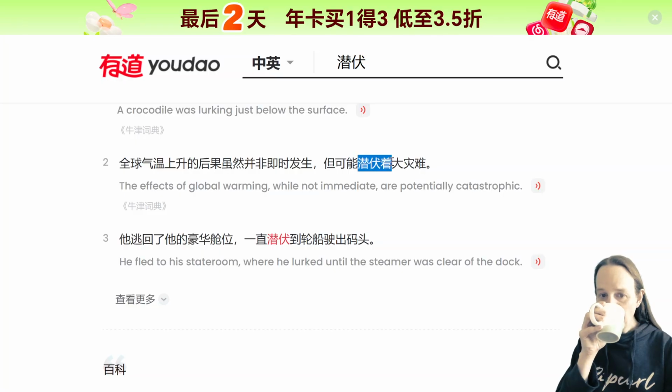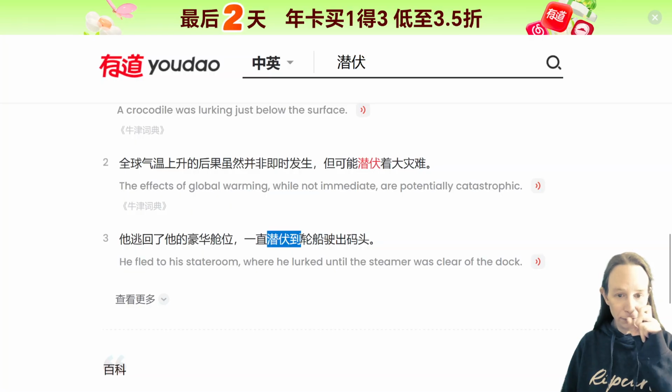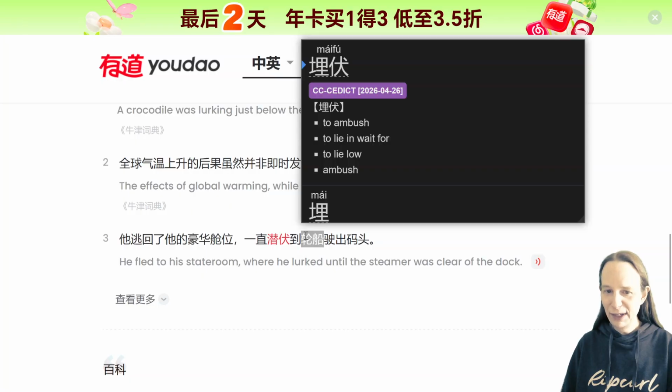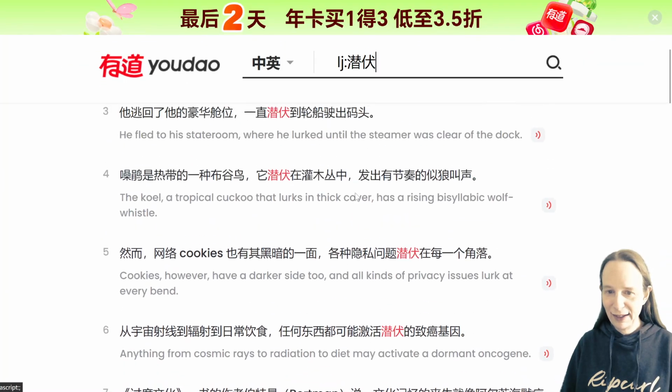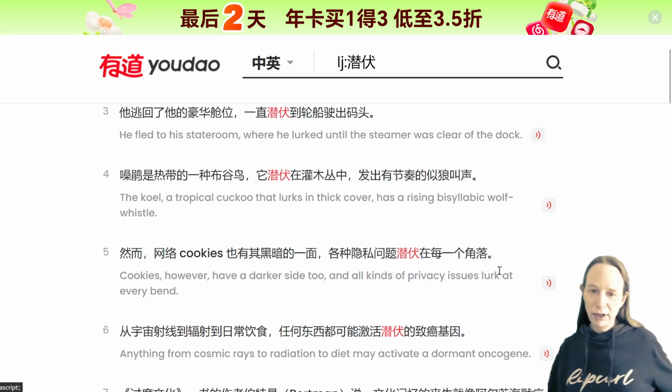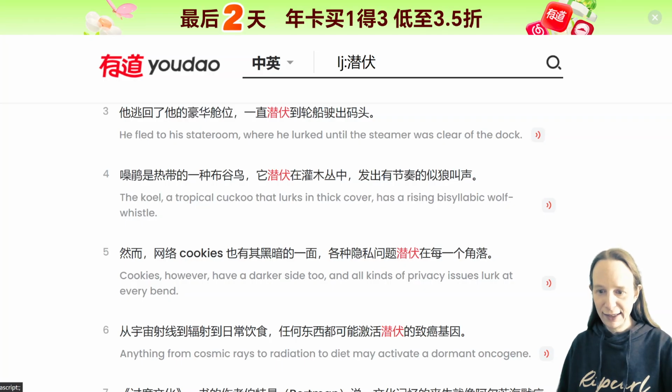Maybe. Seems the grammar is a little bit different to what I was expecting. 一直潜伏到轮船驶出码头. So you're hiding on the 轮船. 轮船's like steamer, steamship. Why is it steam? I don't know. 轮 is wheel. 各种隐私问题潜伏在每个角落. All right. So I need to look at this.